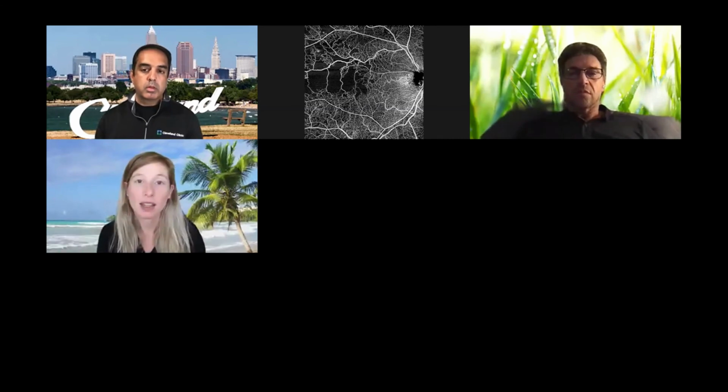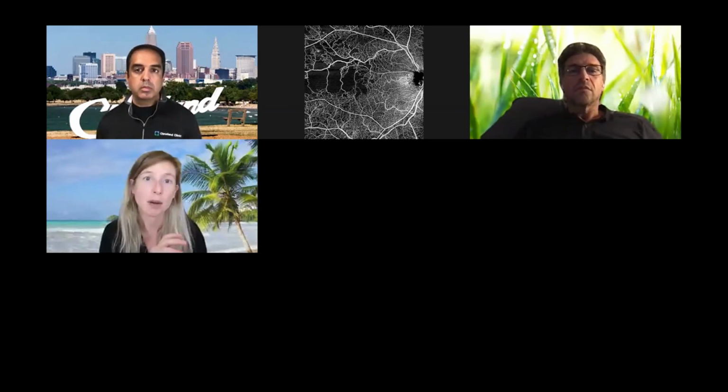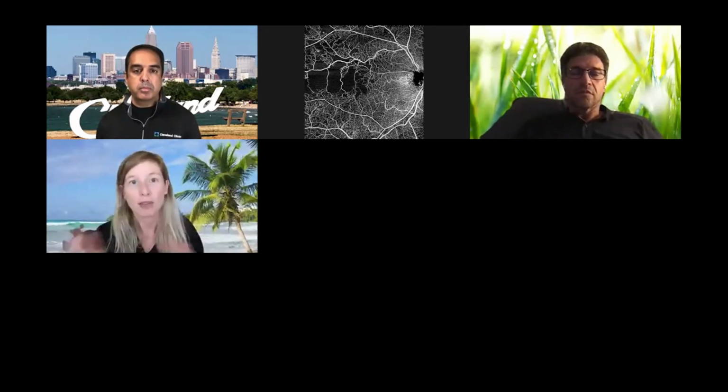So I think it can be really helpful. I'll also use it a lot in combination if I'm doing directed PRP for vessel occlusions. I really like to target the areas of ischemia. So that's when it's really helpful to go back and forth between the angiography and the fundus photo, be able to overlay them, and make sure I'm lasering the correct area.